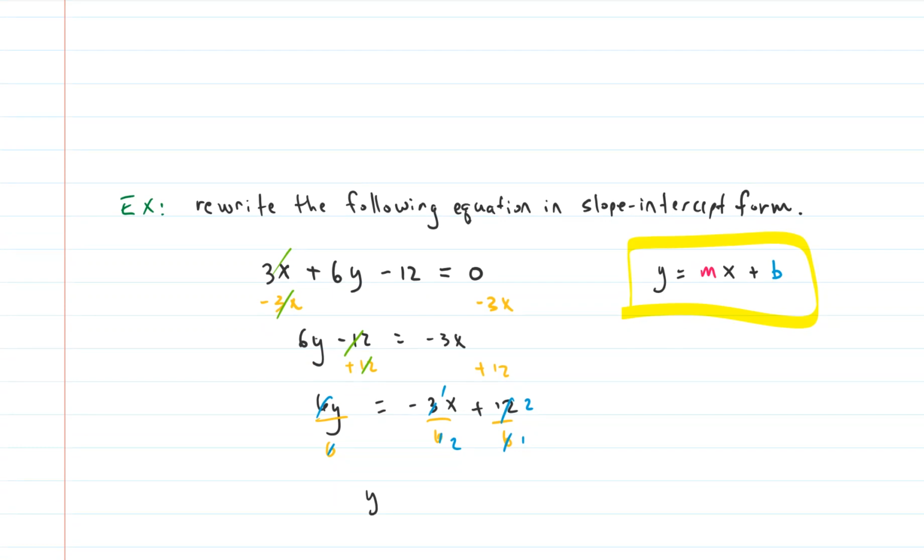Which gives us y equals negative 1/2 x plus 2. And there we go. We've solved this equation for y, and it is now in the slope-intercept form. So the slope is negative 1/2, and the y-intercept is 2.